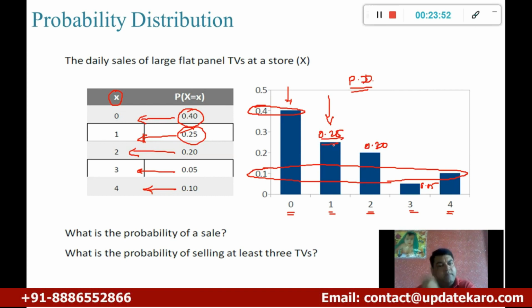So whenever we plot the random variable values on the x-axis and the probability associated with those values on the y-axis, then we will get a plot of the probability distribution. As we have seen, there are 2 types of probability distribution, one is continuous and one is discrete.